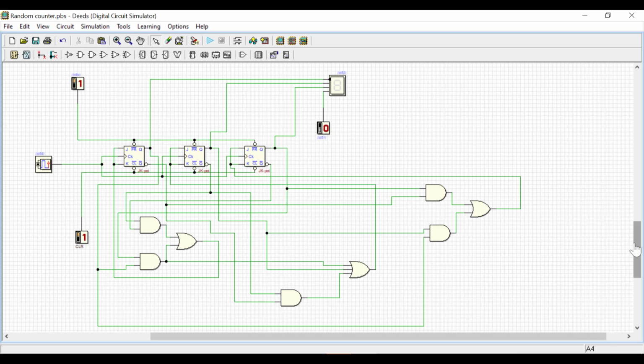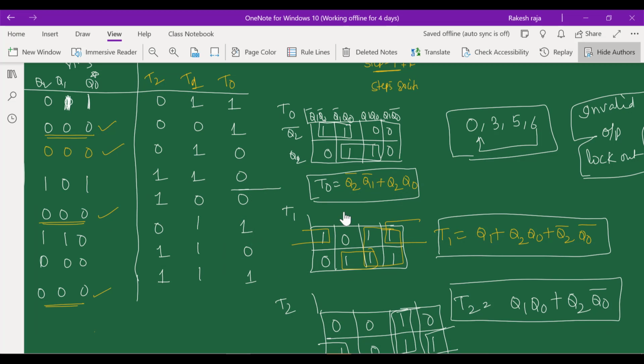Now coming to the modified circuit of the previous circuit. Here my T0 is connected through two AND gates followed by an OR gate. If you look at the expressions, you require two AND gates followed by one OR gate. So this entire thing I have connected to T0.